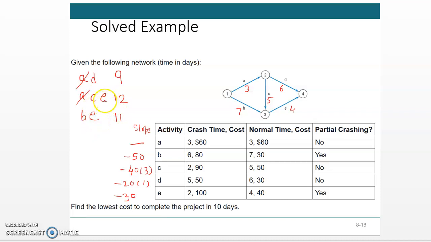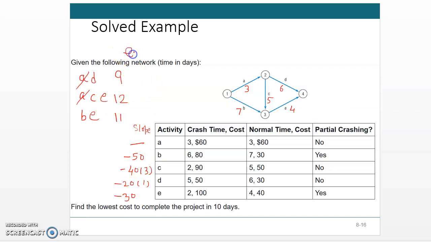The other option which I am going to use is E. If I reduce the duration of E, it will take 30 extra, so reduce E by 1.